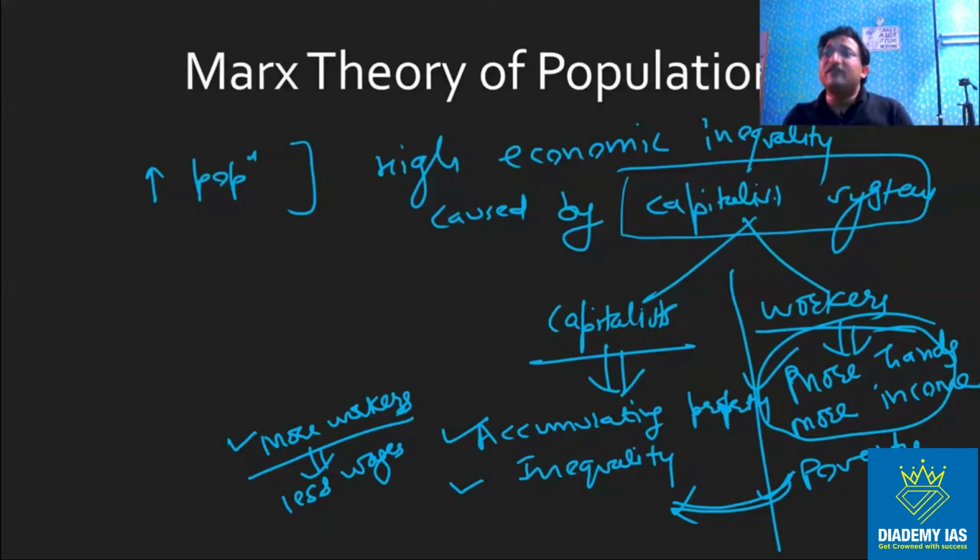Marx says this is a vicious cycle: capitalists are accumulating the property, which leads to inequality, leading to poverty among the worker class. The worker class thinks that more hands will bring more income.